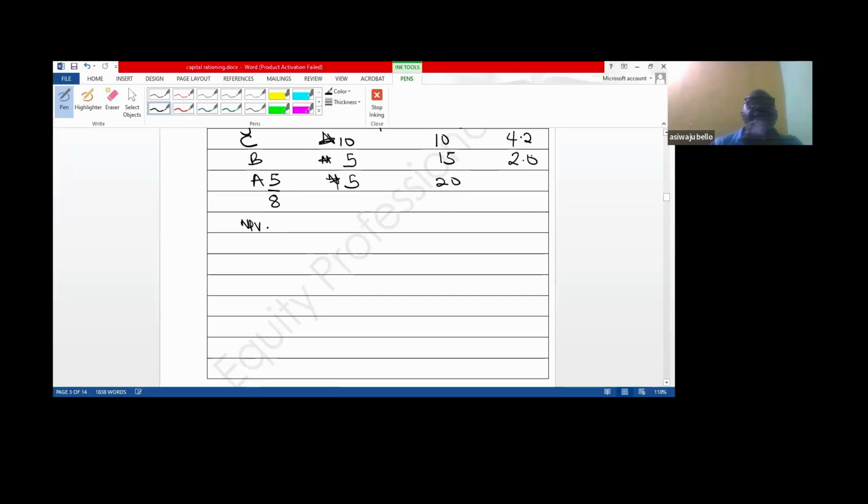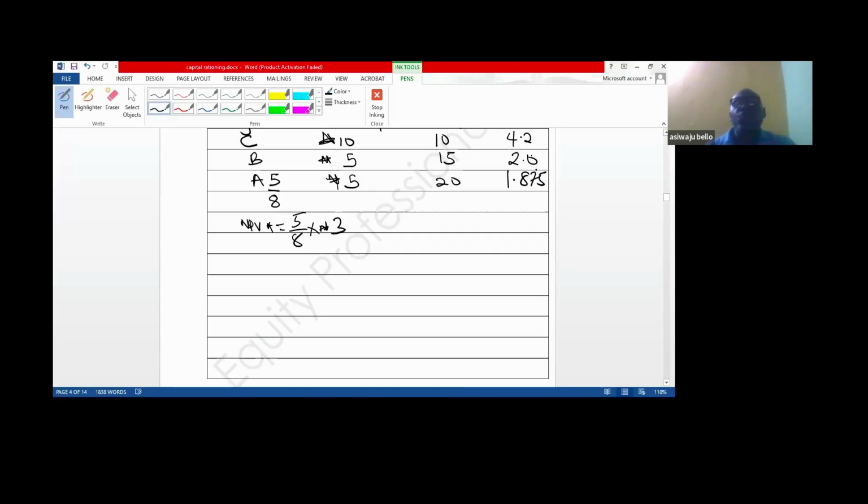For A, we can only achieve 5/8 of 3 million. If you work that out, 5 divided by 8 multiplied by 3, we can only achieve 1.875.